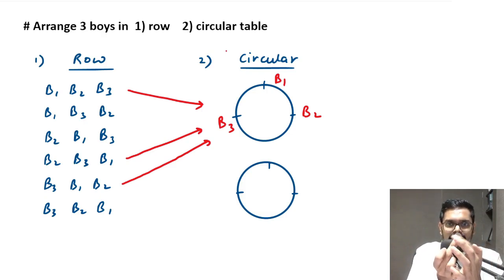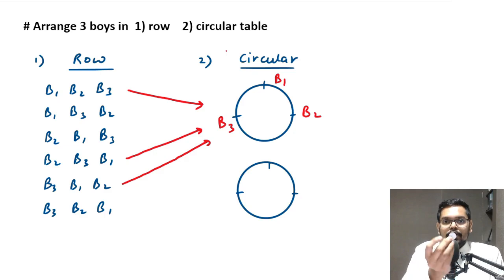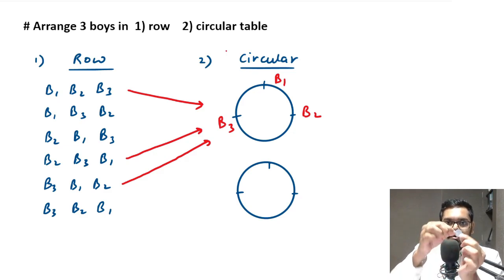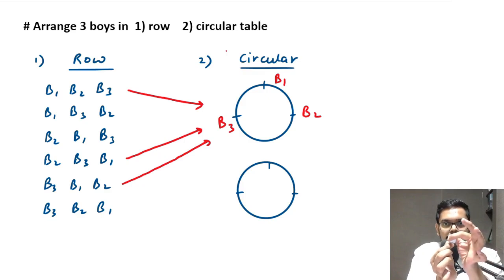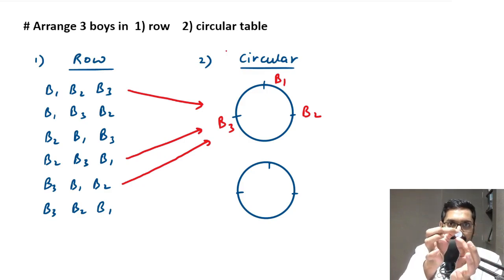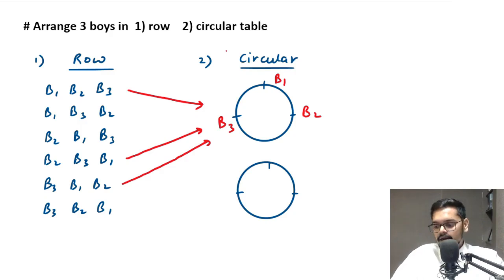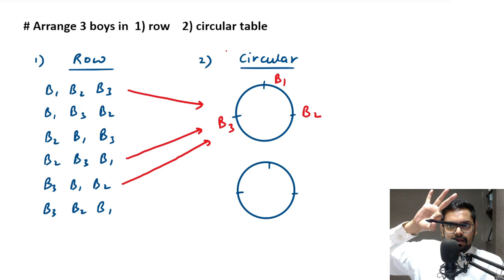Can you see any start or end? No. So rotation does not change the position, even if you rotate anti-clockwise or clockwise. Why? Because there is no start and no end. Only if there is a start and end does rotation change the position, like in the linear arrangement.